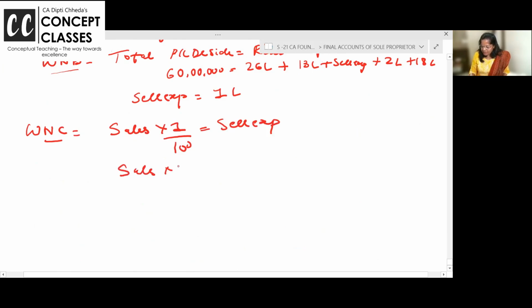I don't know what is sales. But do we know what is selling expenses? 1 lakh. So can we calculate the sales? How much is the sales coming for you? 1 lakh into 100. So 1 crore.